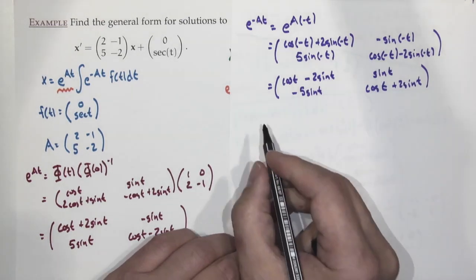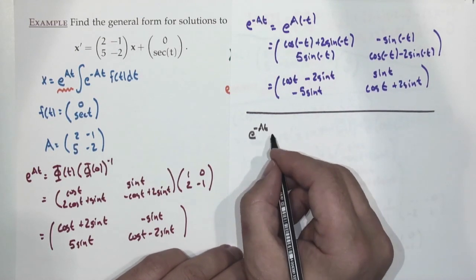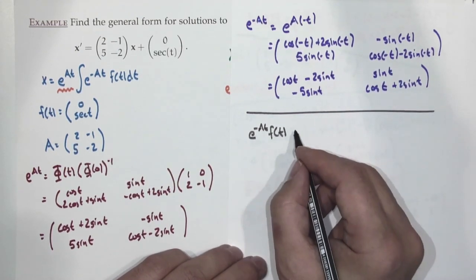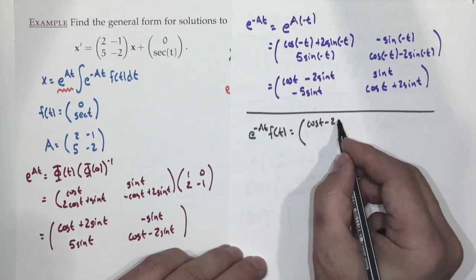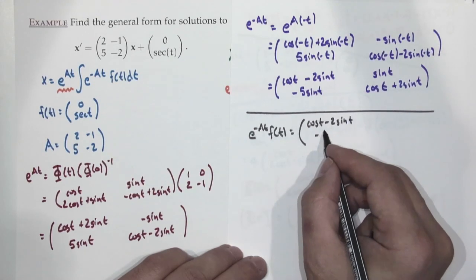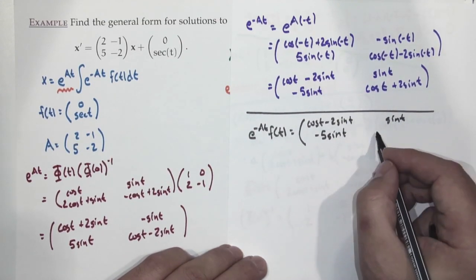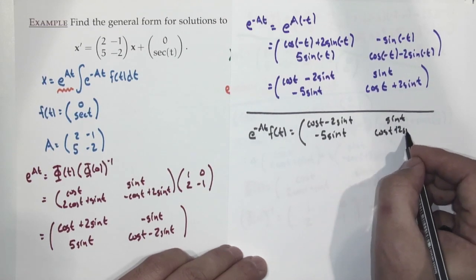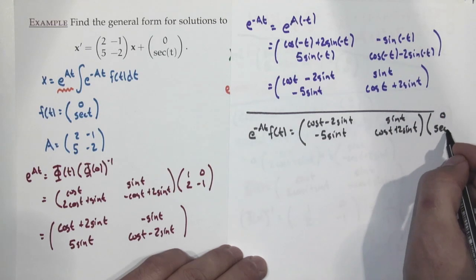Okay, so let's start with just doing e to the minus At times f of t. So we're taking what we just did, cosine t minus 2 sine t, minus 5 sine t, sine t, cosine t plus 2 sine t, times 0, secant t.